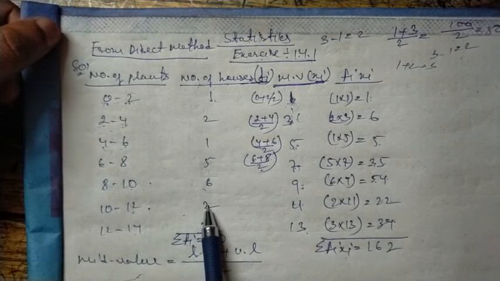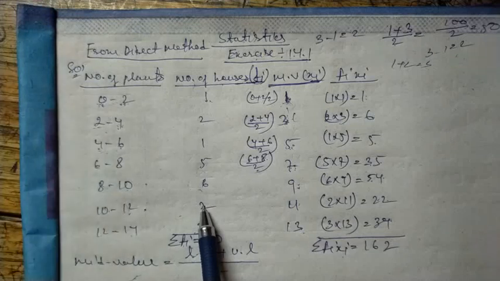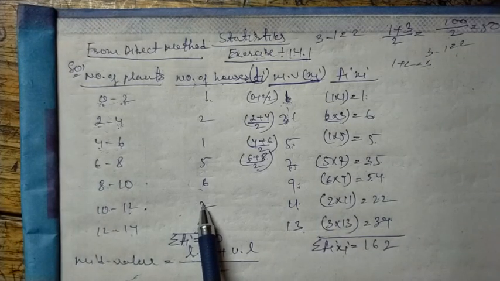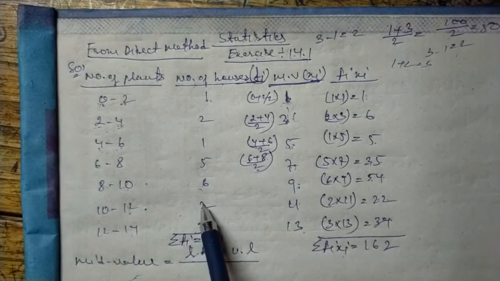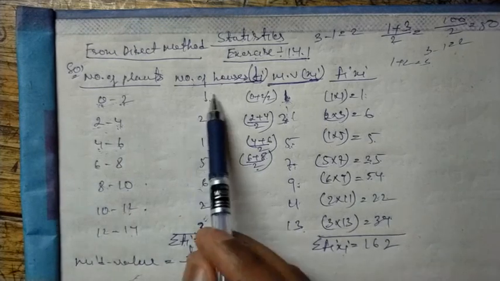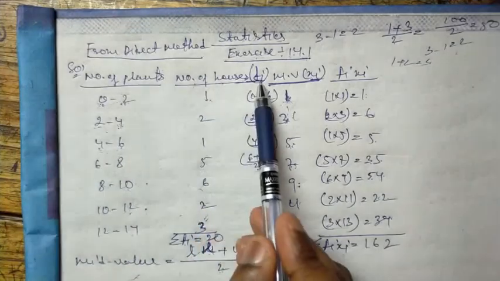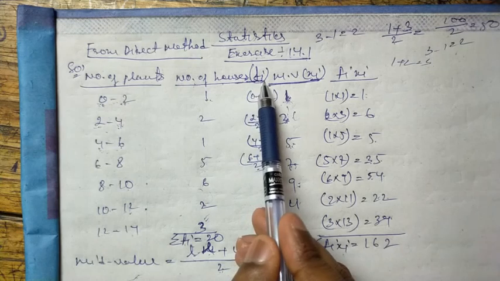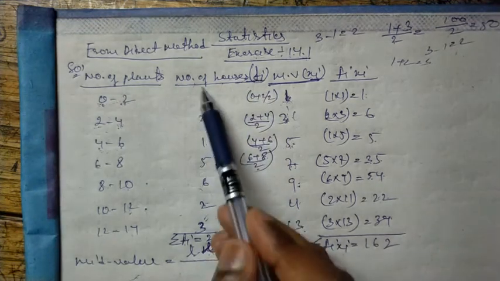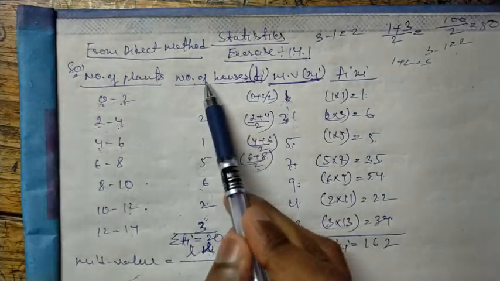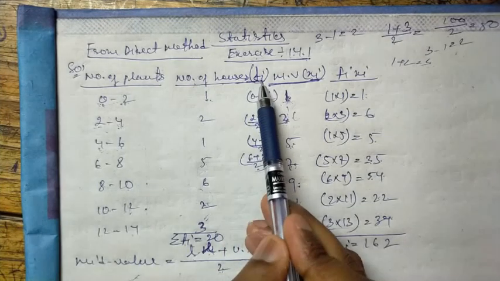We are going to find the average number of trees planted per house. The number of houses is called Fi, the frequency. We will take the number of houses as Fi.